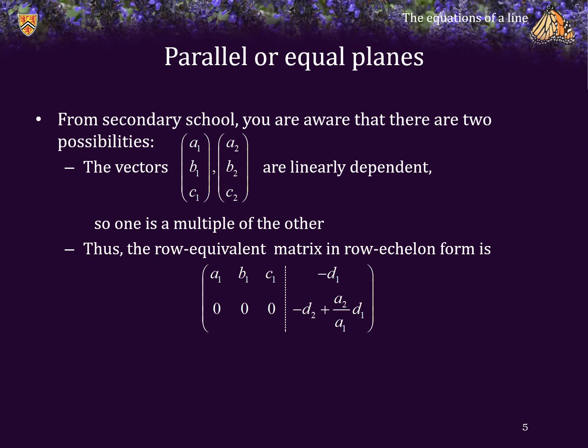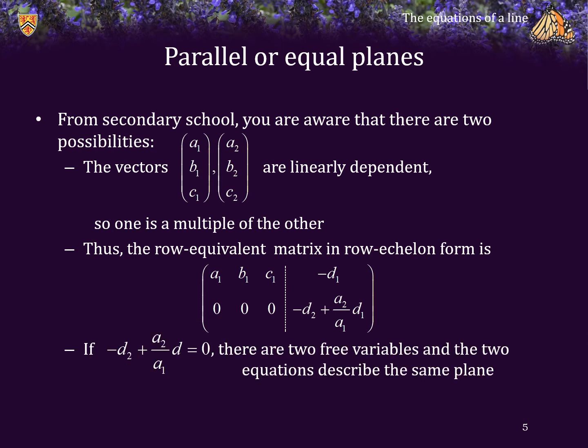So the only way that there can be solutions is if the rank of the augmented matrix is 1. If that expression is equal to 0, the rank of the augmented matrix is 1. There are two free variables, and consequently there are infinitely many solutions. Basically, both of the equations describe the exact same plane.